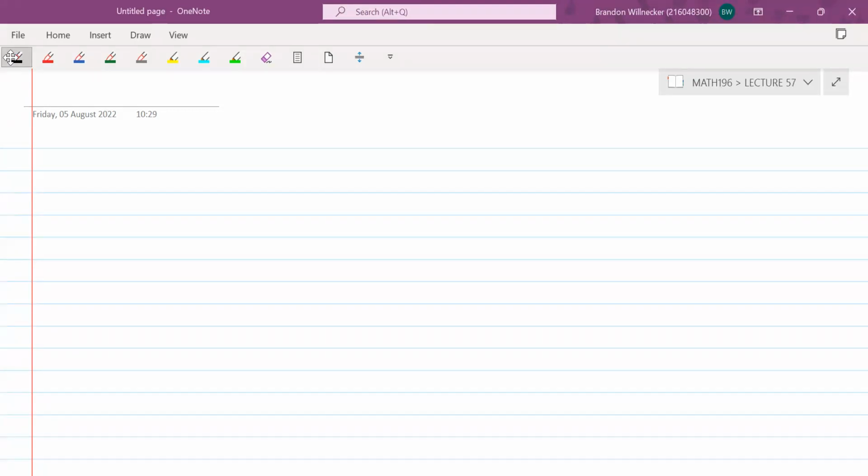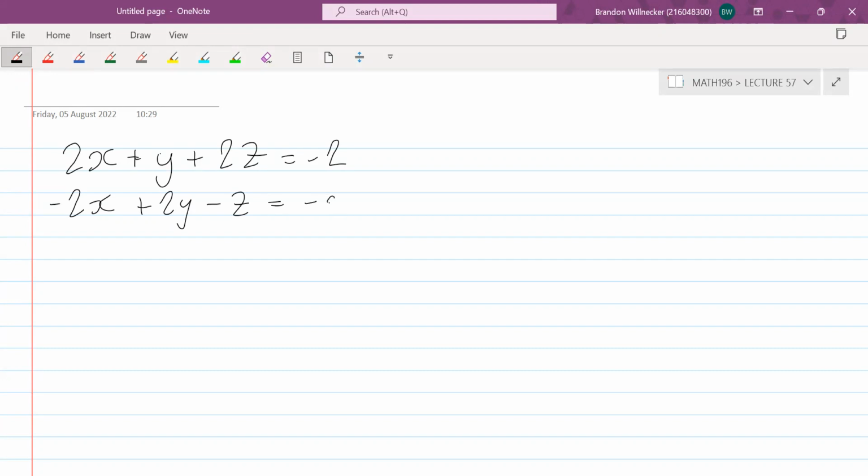So we have the following system. 2x plus y plus 2z is equal to minus 2. Minus 2x plus 2y minus z is equal to minus 5, and 4x plus y plus 2z is equal to 0. Just a note on this, remember that you can only take the inverse of a square matrix.